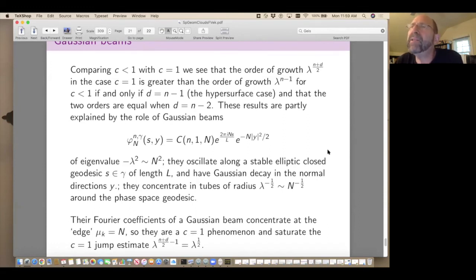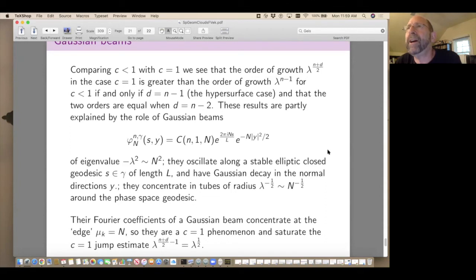If you take a Gaussian beam of the big round sphere and restrict it to the totally geodesic subsphere, then if the geodesic for which it's a Gaussian beam lies on the subsphere, it is a Gaussian beam of the subsphere. If the geodesic of your Gaussian beam on the big sphere is not tangent to the subsphere, if it's transversal to it, then it's negligible.